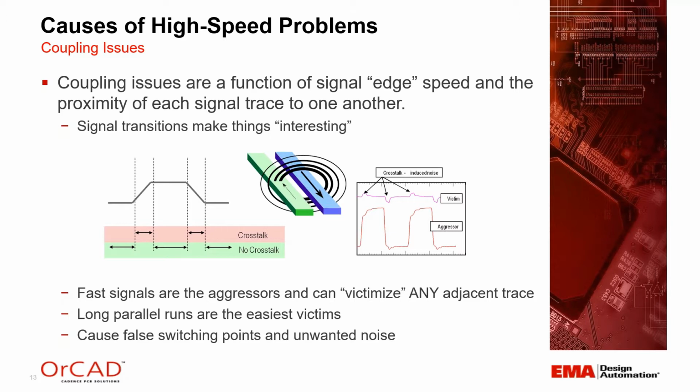When they become real fast, they tend to have a high impact in terms of coupling, and most of that coupling is layer-to-layer, with an aggressor and a victim being impacted. Usually the result is crosstalk or induced noise, which makes it harder for the receiving devices to understand where the signal transitions are coming.